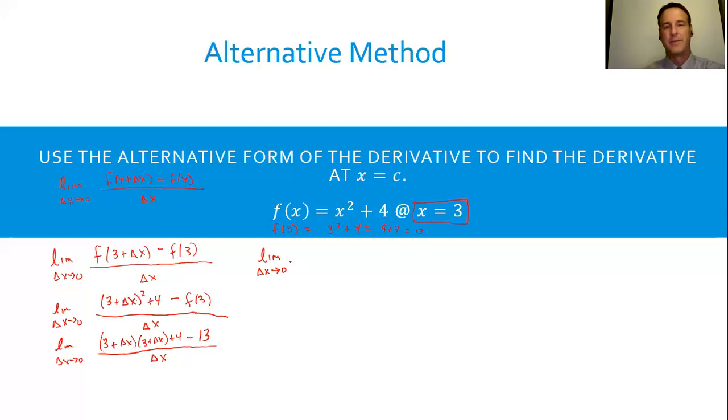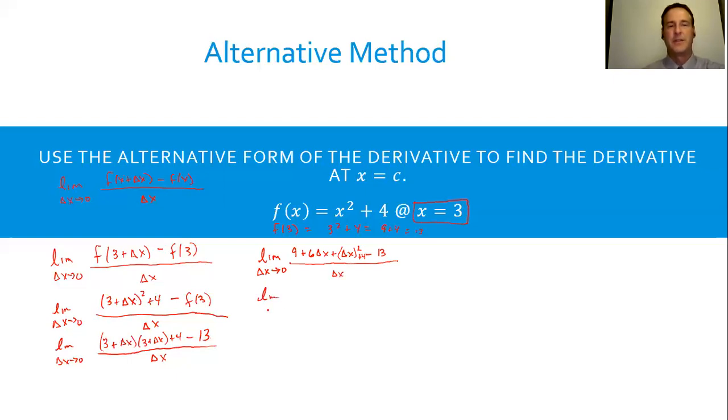So that's 9 plus 6 delta x plus delta x in parentheses squared, minus 13. Sorry, plus 4. Forget that plus 4. Minus 13, all over delta x.